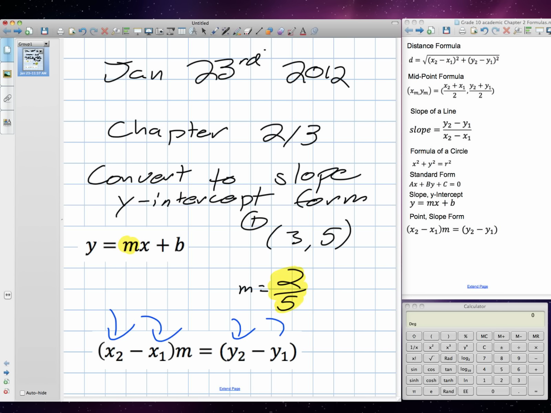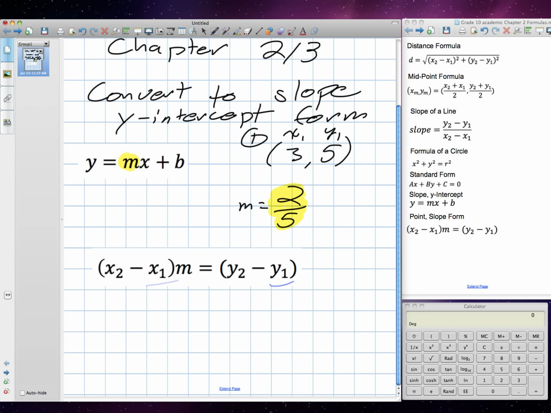Since it's the only point, we'll call these points x1 and y1. So we're going to replace the x1 and y1 in this equation with our numbers 3 and 5. We're also going to replace the m with 2 over 5.